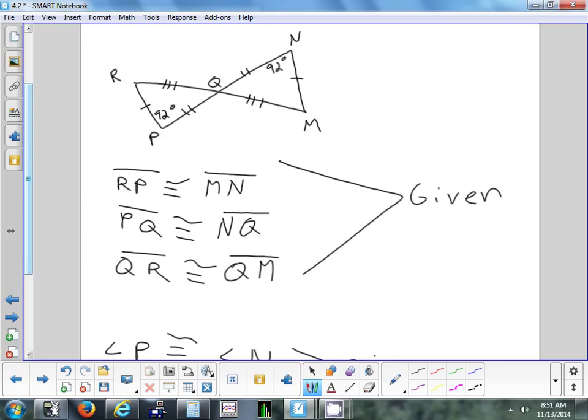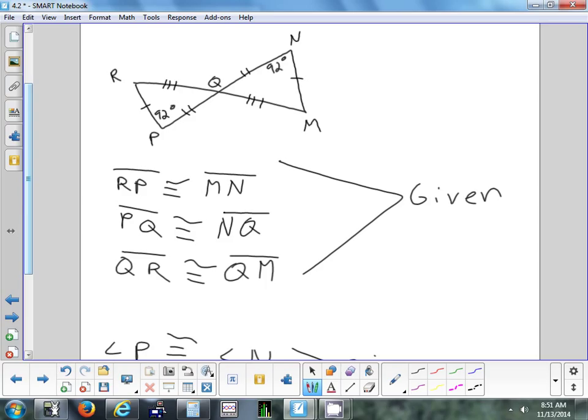Anybody see what other angles would have to be congruent? It's not marked, so we got to use a theorem from earlier in the year. Yep? The N and M, because of the exterior angle, they both add up to Q, or like the outside of Q. Luke, that doesn't work. So you're talking about an exterior angle here?